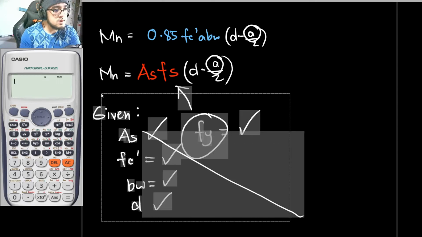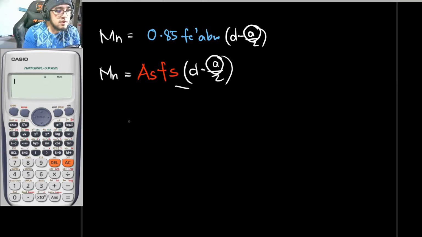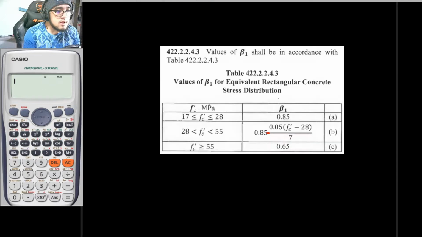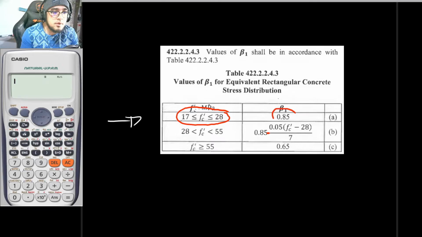Okay, so for the value of a, this is basically equal to beta 1 times c. For your beta 1, it can be given by this table. For example, if your fc' is from 17 up until 28, your beta 1 would simply be 0.85.